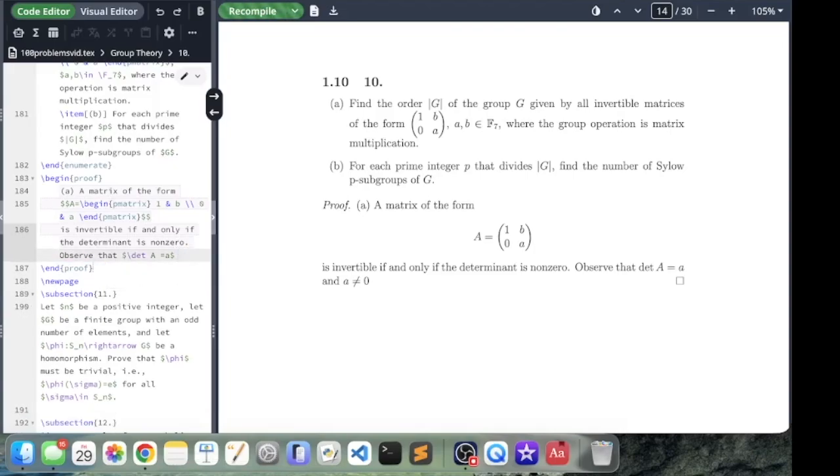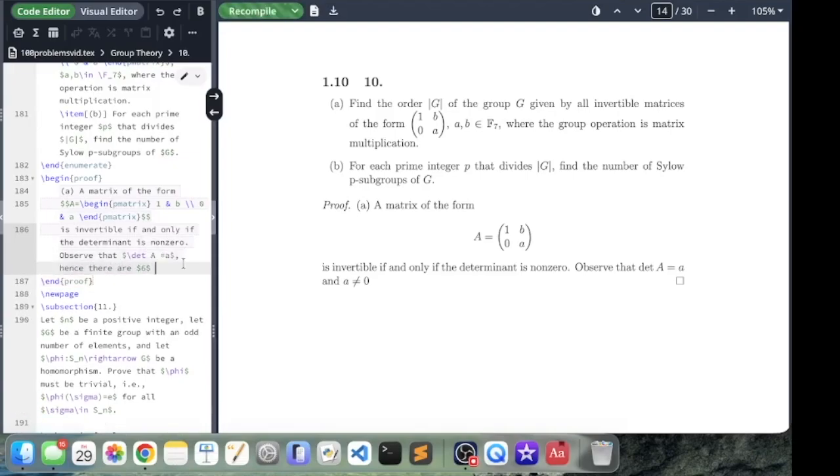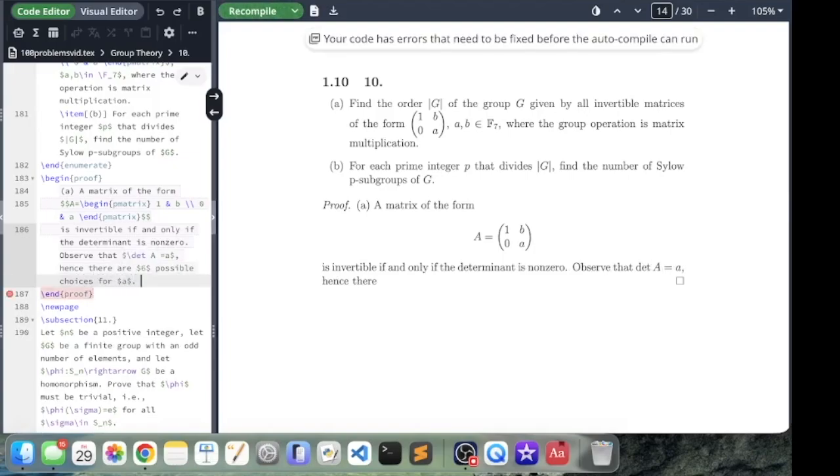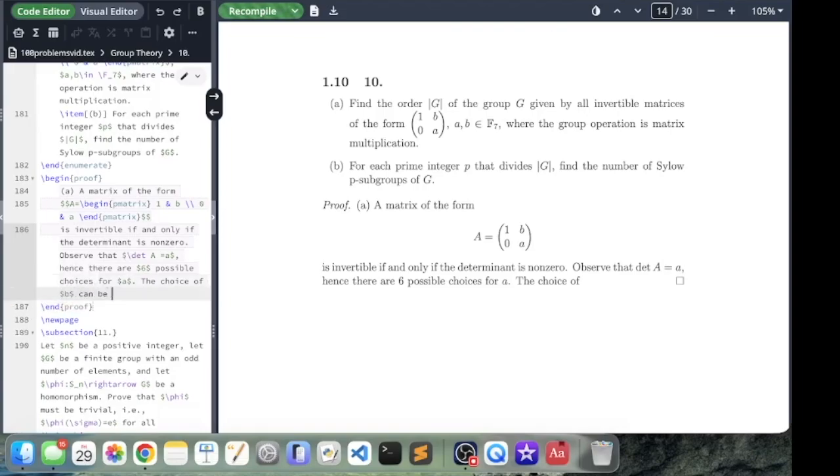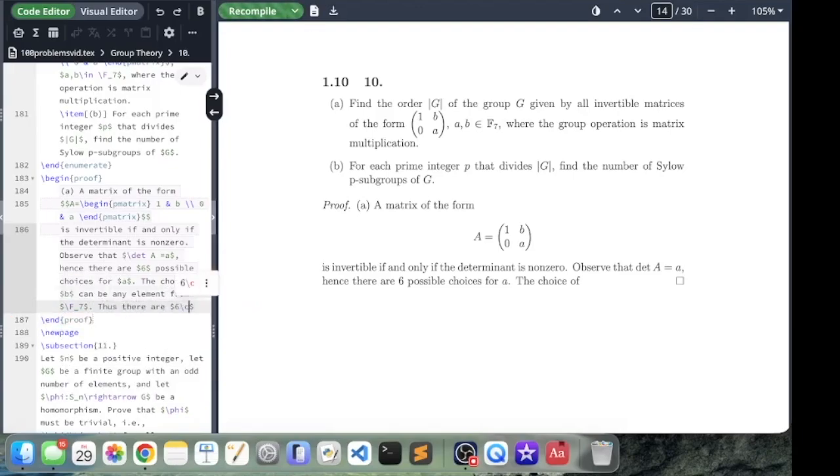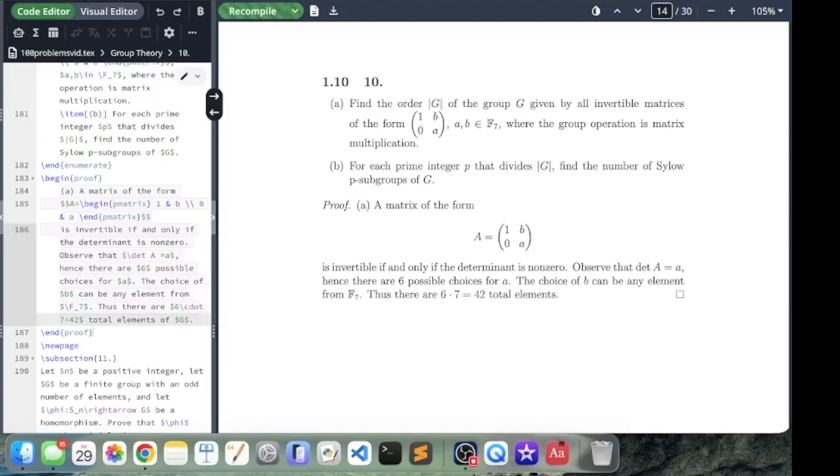Hence there are 6 possible choices for A. The choice of B doesn't matter since this is 0 regardless of whatever you pick, and B can be any element from F7. Thus there are 6 times 7, which is 42 total elements of G. Hence the order of G is 42.